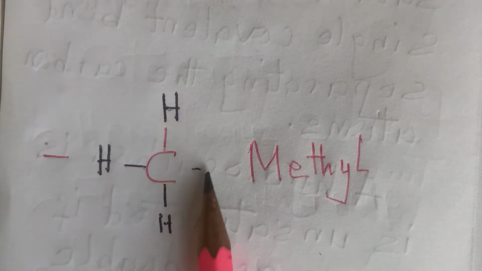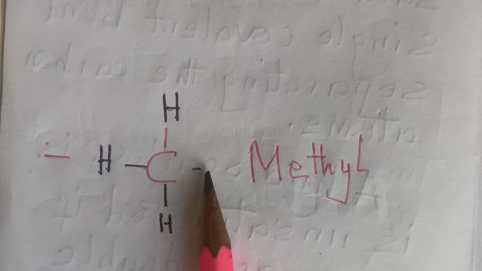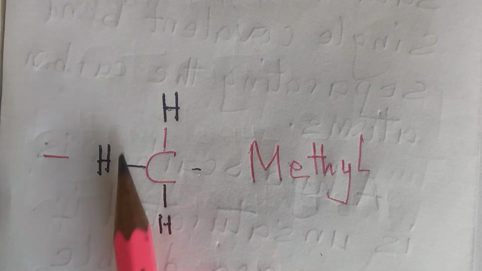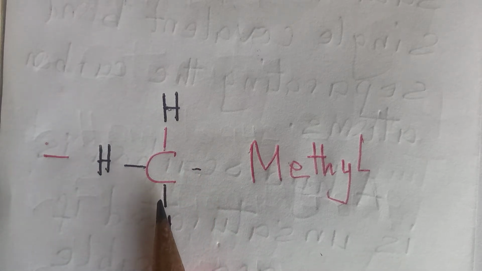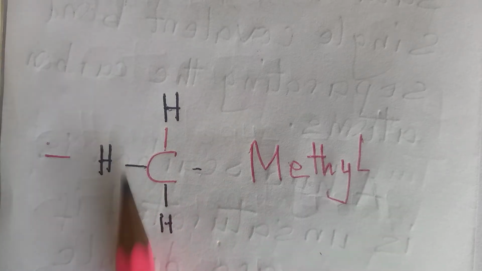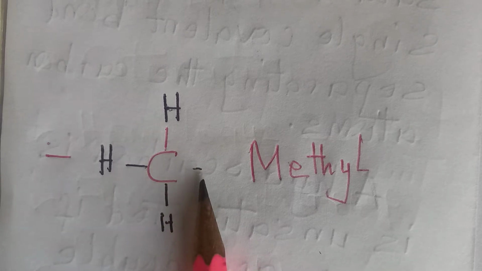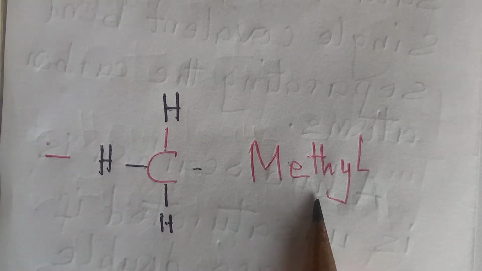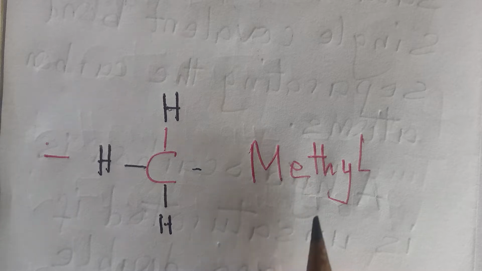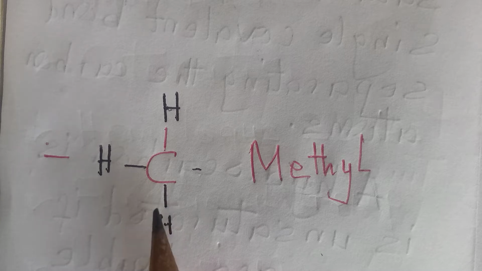The space where the hydrogen was is now vacant, so a bond is here now, meaning that this CH3 can attach itself as a substituent. This CH3 formed from methane when it loses one hydrogen atom is called a methyl group. So methyl groups are usually substituents. They can replace hydrogen from saturated hydrocarbons.